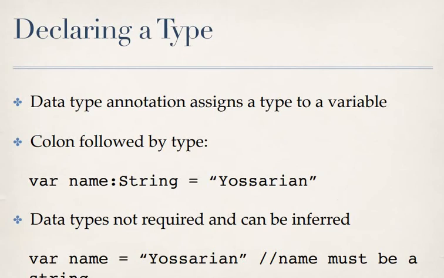Look at the syntax. var, variable name, colon, followed by the data type. Assignment operator. And as it is a string data type, you need to put it within quotes.